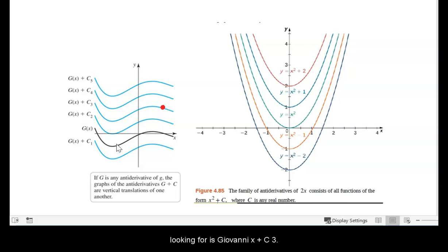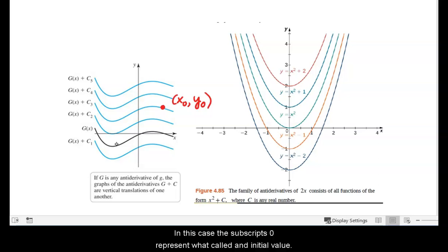g of x plus c3. In other words, there's some point x sub 0, y sub 0 that I want to be on the antiderivative function. In this case, the subscripts 0 represent what's called an initial value.